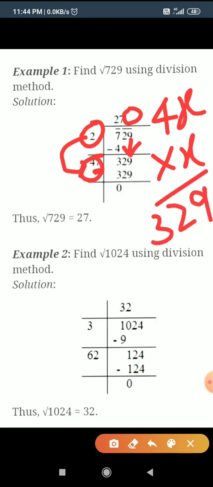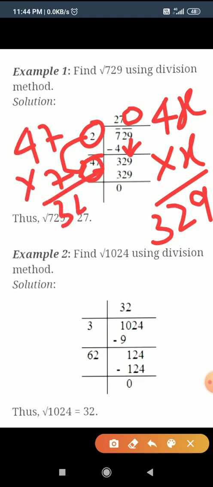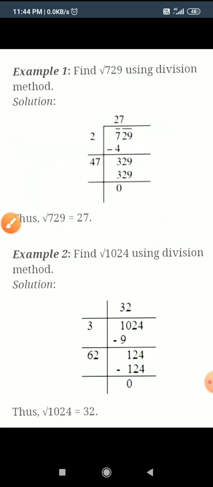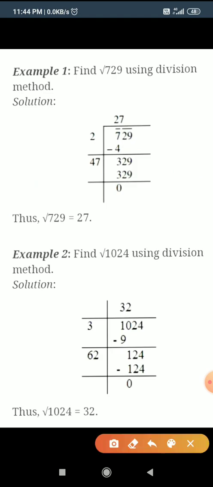Here you can see that 47 into 7 is 329. So the remainder becomes 0. So the square root of 729 will be this quotient, 27.